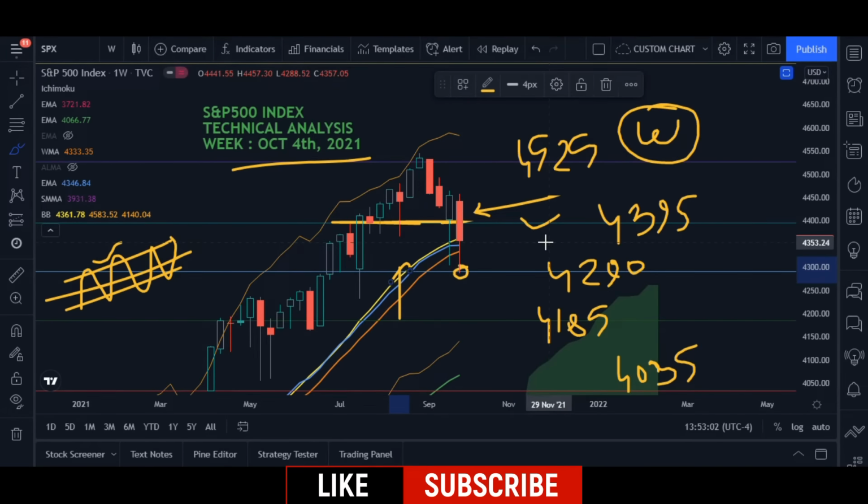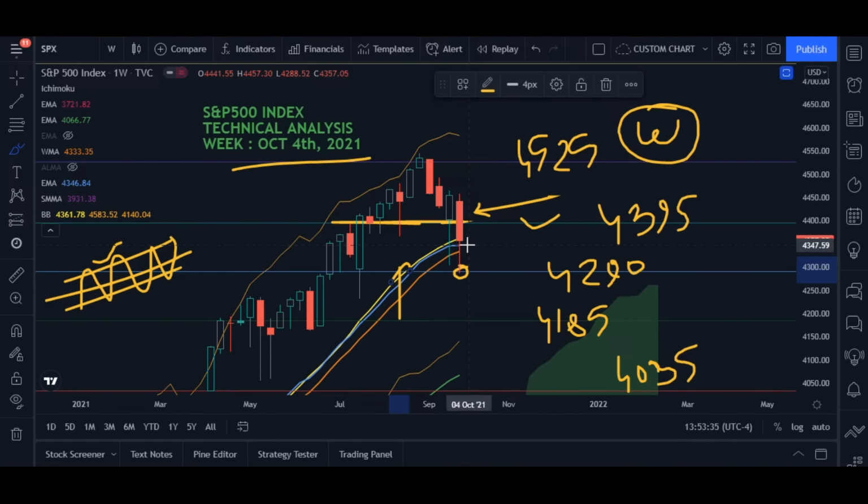Anyways, let's do the technical analysis here. This very heavy bearish candle is an indication that there is a bearish movement in the market. Now technical analysis. Like I told you, the market closed above these two moving averages, WMA and EMA, but closed below the SMA, and because of this it is still not very clear that the market is actually bearish.